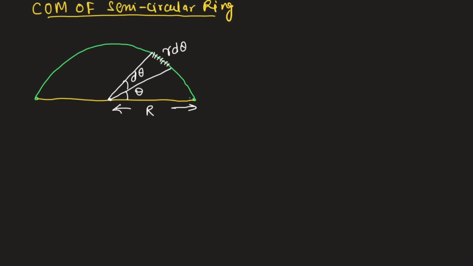Right. Now, if I consider a ring, in case of a ring I am supposed to find the center of mass, and this is not a complete ring. This one is a semicircular ring. For a complete ring, the center of mass will be at the center.